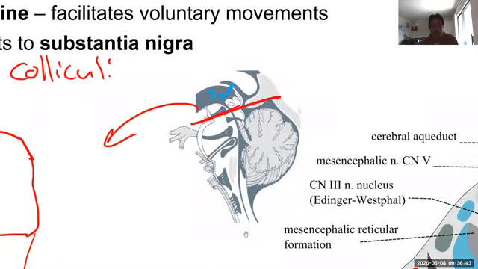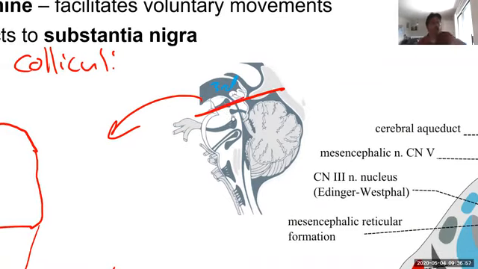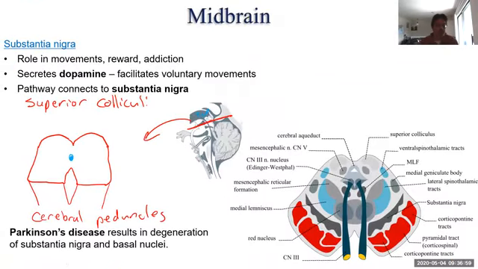And right in between those two is this cerebral aqueduct coming down. So what we're doing is taking a cross section through it. So there it is, the cerebral aqueduct, with the CSF in the center.